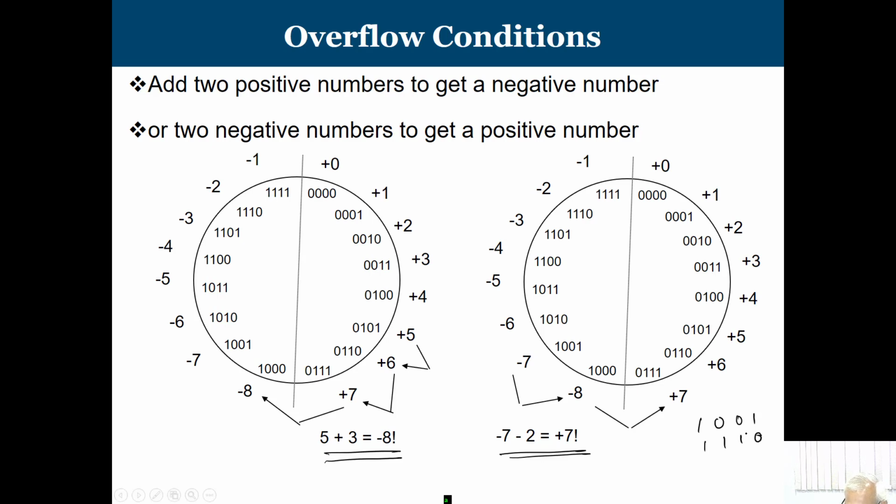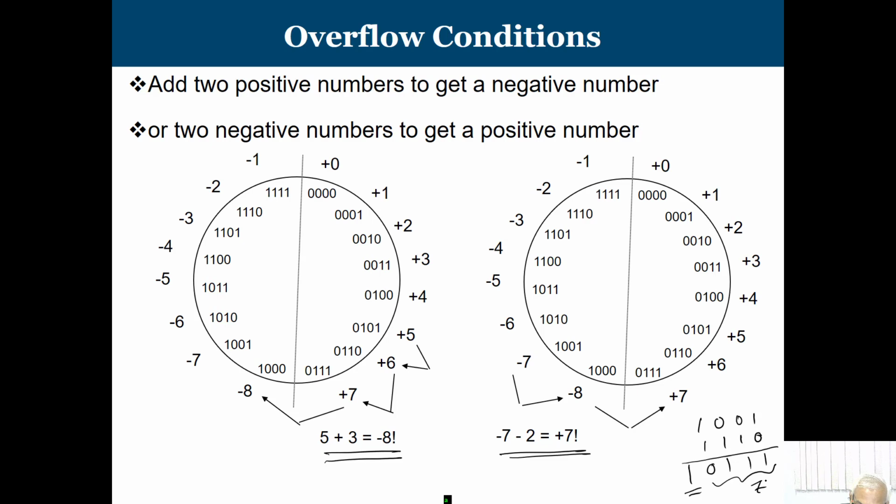So, if I add these 2 things, what should I get? 1 1 1 0 1. I cannot consider this, as I am working with a 4 bit number. So, I am getting the answer 7. Whether we are going to accept this result, because I am adding -7 and -2, my result should be -9.